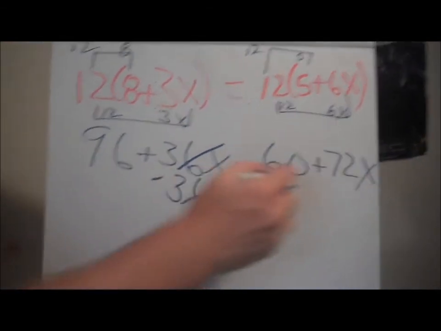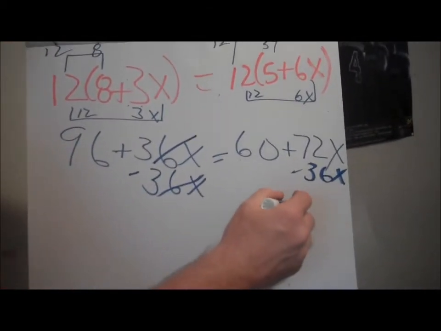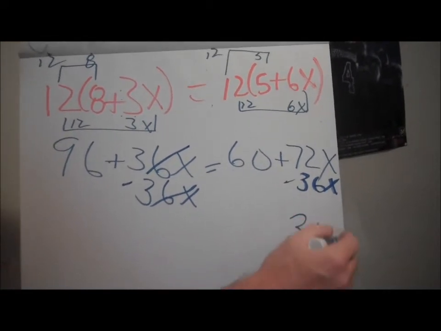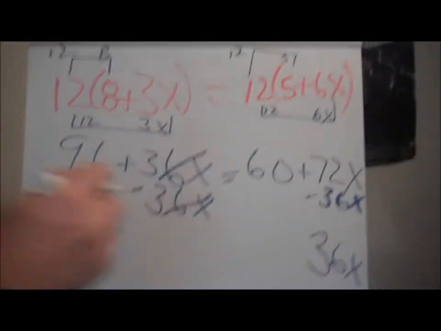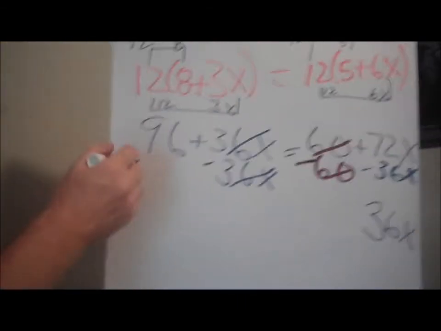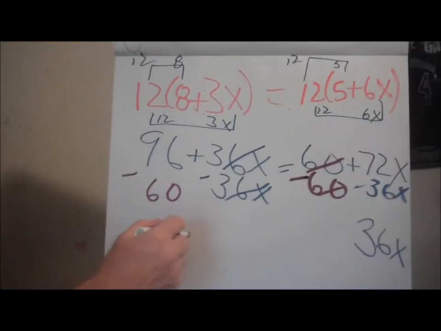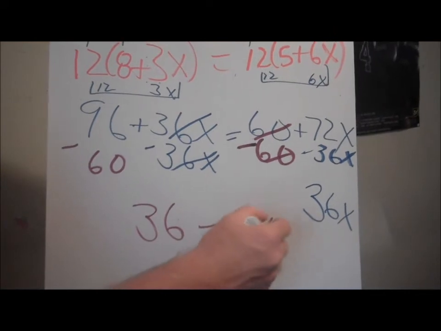And what we do to one side, we do to the other side. And we get 36x. And then this guy right here, we want to move to the other side, so we add its opposite. We subtract 60, we subtract 60. So now we have 36 is equal to 36x.